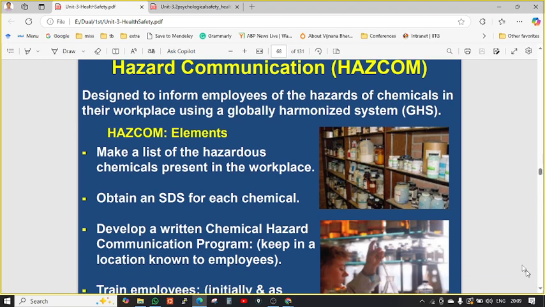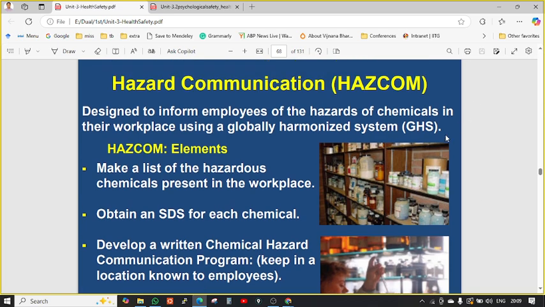That means if some employee is working in a particular factory or workplace and is not aware of these things, firstly the organization's duty is to make them aware of the workplace, which is safe, which is unsafe, and how to work. This is called HCOM, meaning to identify and give training, knowledge and awareness to the employee through the Globally Harmonized System.